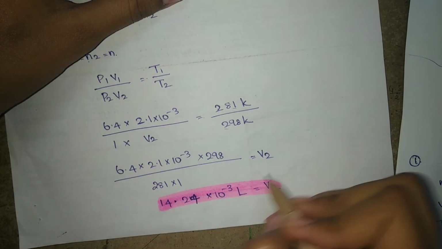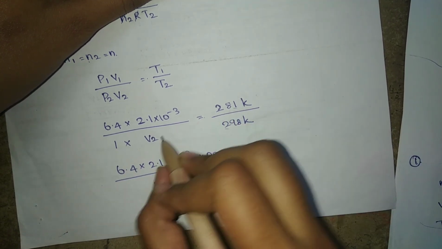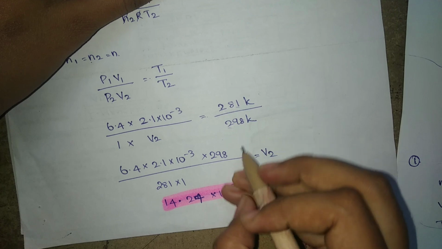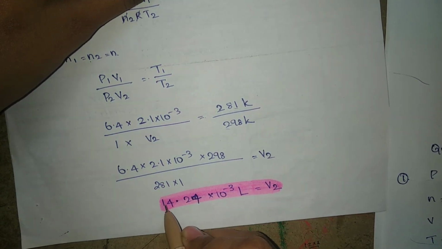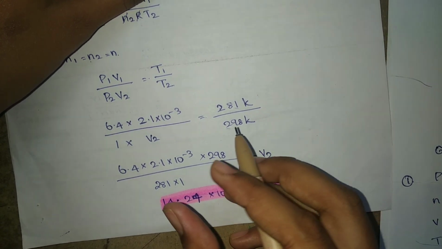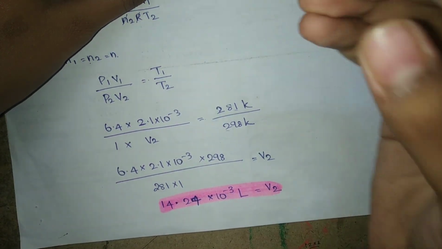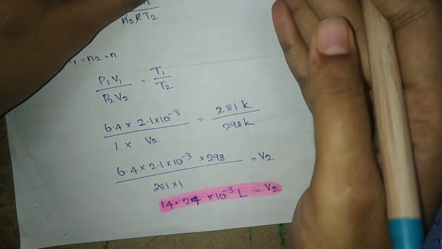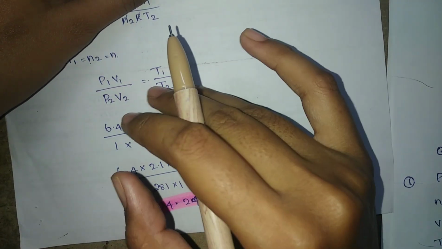So rearranging the equation, V2 will come here and this 281 will go to the denominator, 298 will go to the numerator. If we solve we will get an answer of 14.24 into 10 to the power of minus 3 liter. So this is the volume of the air bubble when it comes to the surface of the lake, because at the surface there is a different pressure and temperature, and at the bottom there is a different pressure and temperature.